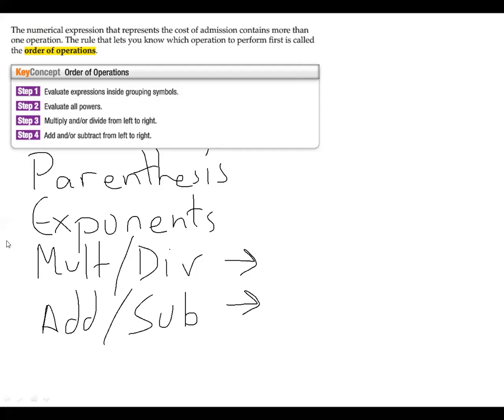So if you take the first letter of each operation, P-E-M-D-A-S, it spells PEMDAS, or you might have heard, please excuse my dear Aunt Sally. That's a quick way to remember the order of operations. And you just have to remember that multiplication and division, it's like a tie. They both have the same power, so to speak. And addition and subtraction is also a tie. And the tiebreaker is whichever one comes first from left to right.